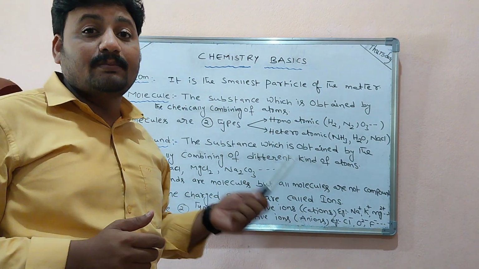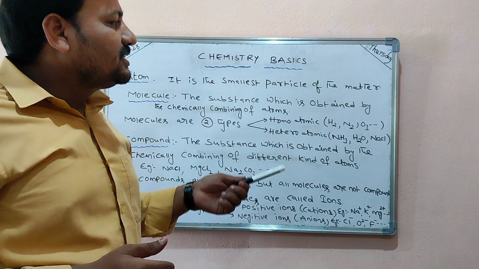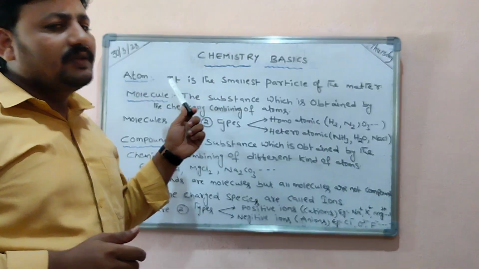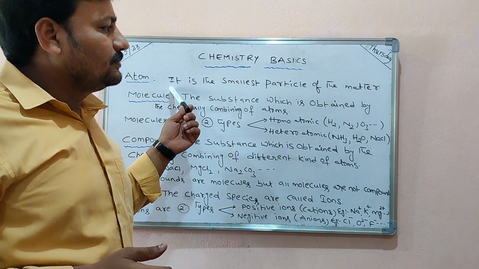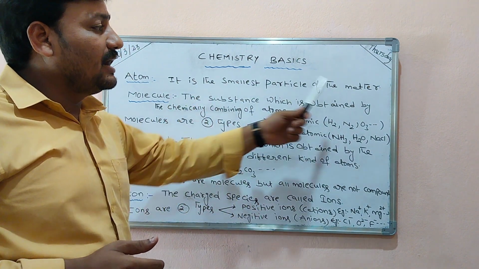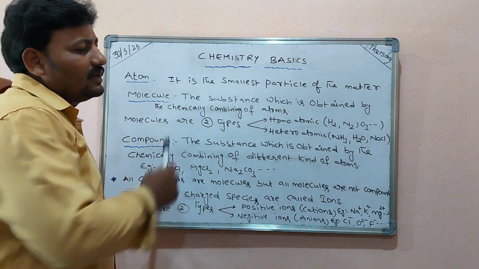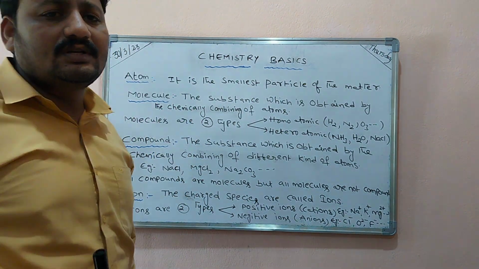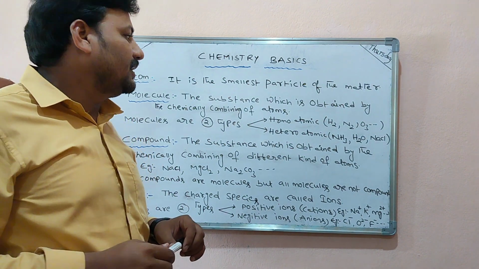In living things, it may be called a cell also. But basically, non-living things and living things are made up of atoms. Matter is made up of atoms. According to John Dalton, atom is indivisible and the smallest particle of matter.